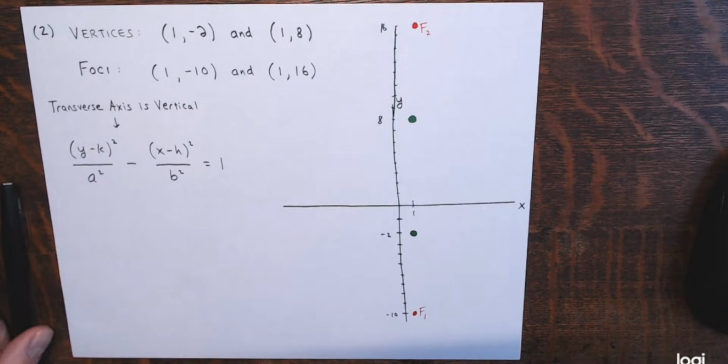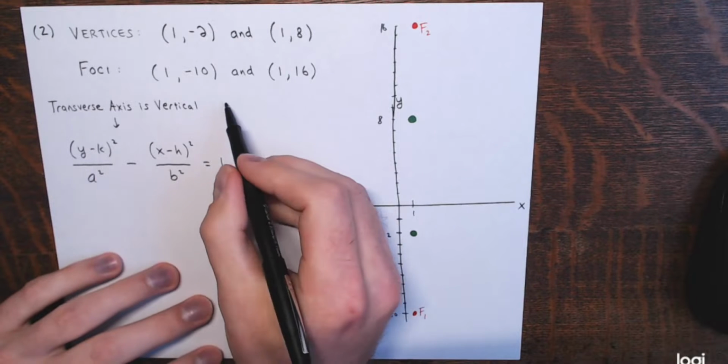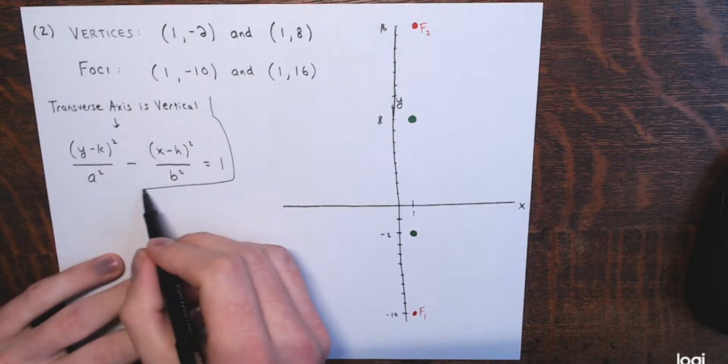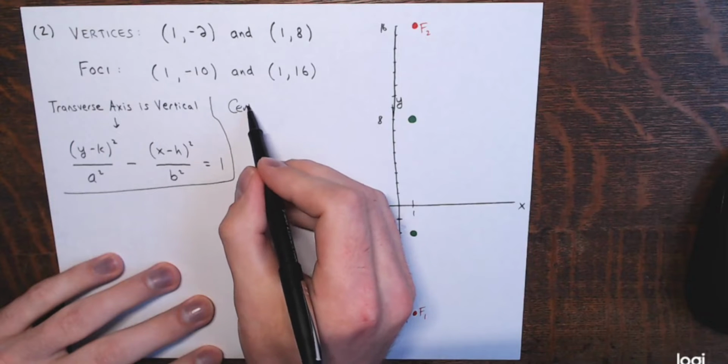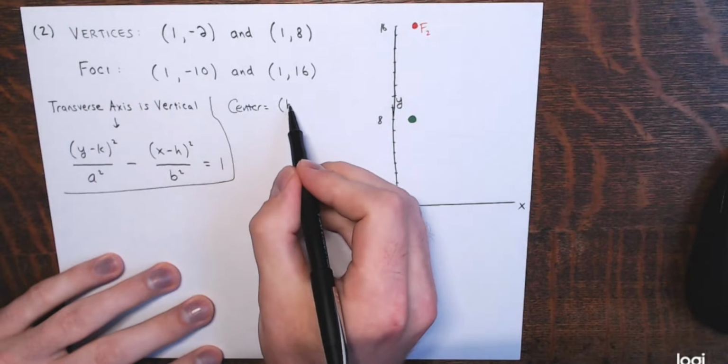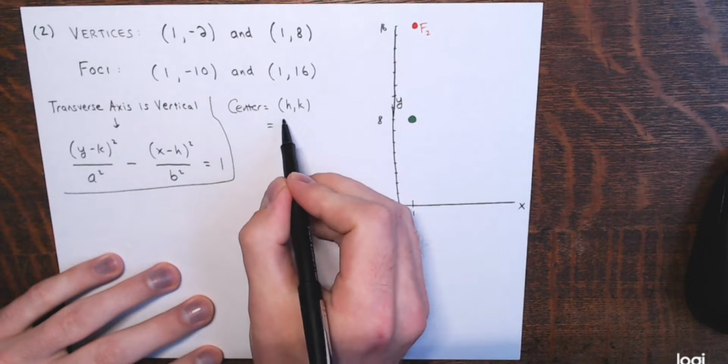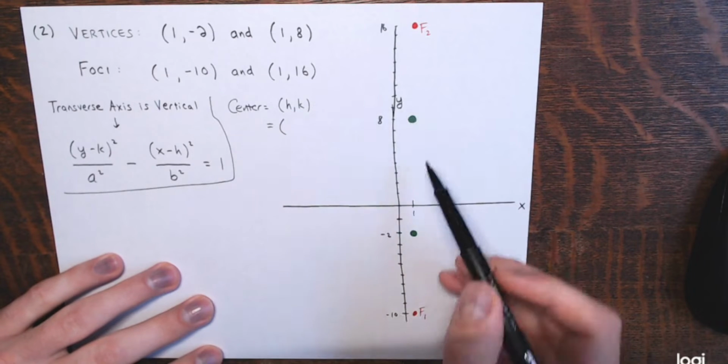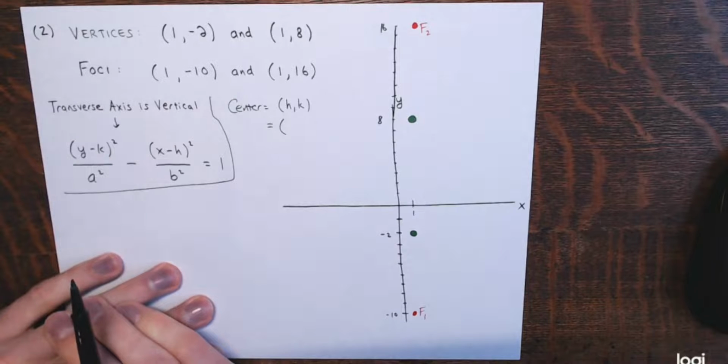Now the center should be simple enough. The center, h comma k, is just the midpoint of the vertices or of the foci. If you know where the vertices are, or the foci are, or the co-vertices, you should be able to easily find the center. It's just the point directly in between them.